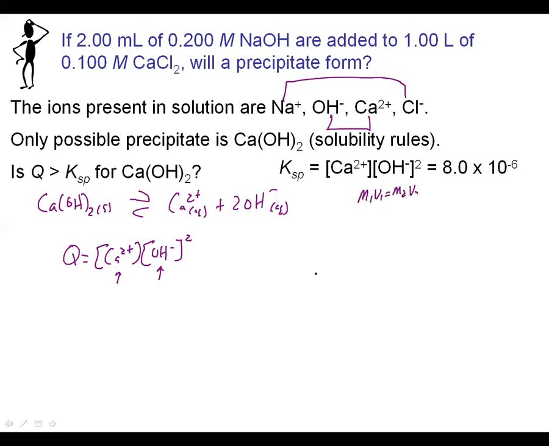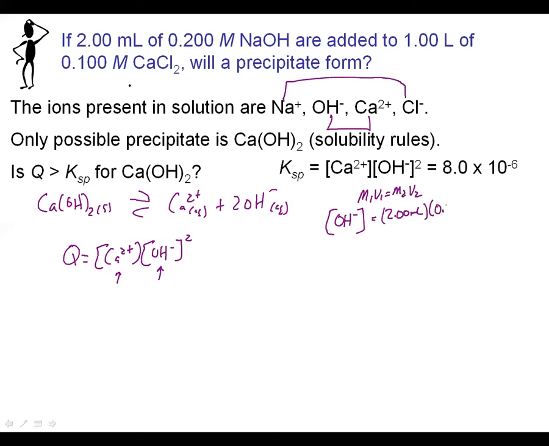So for example, for our hydroxide, the only source of hydroxide is going to come from our sodium hydroxide, which is 0.2. And in this case, we would have 2 milliliters times our 0.2 molar.